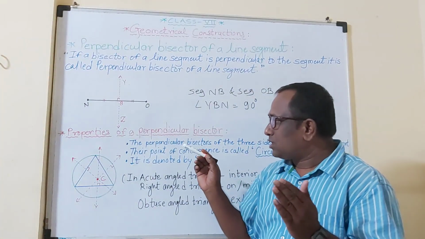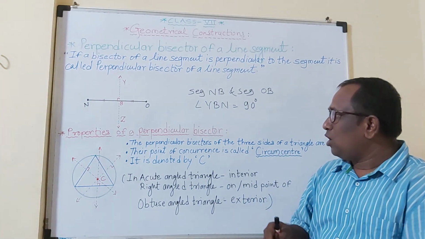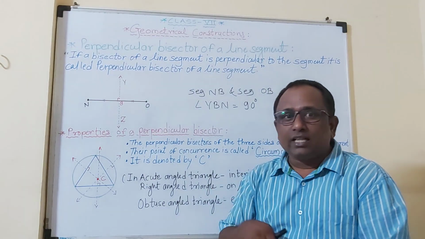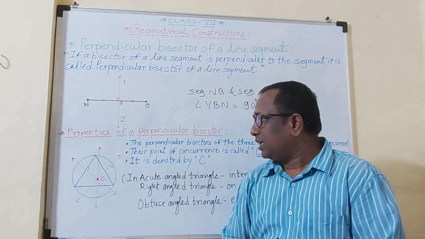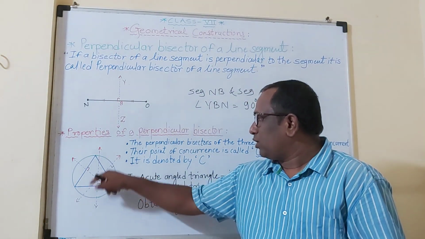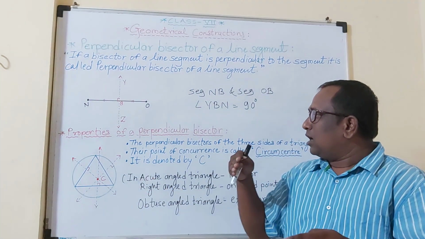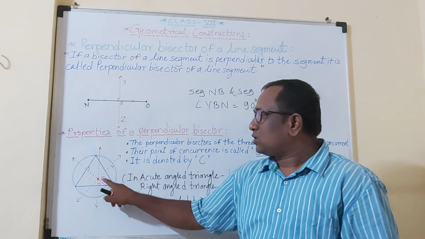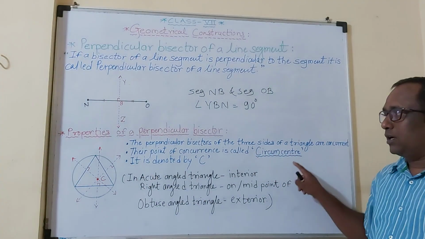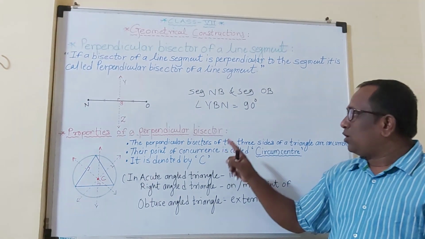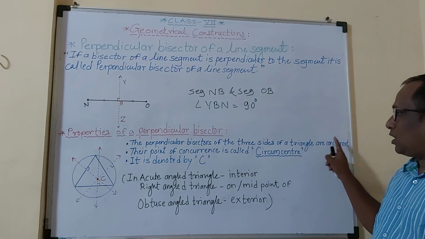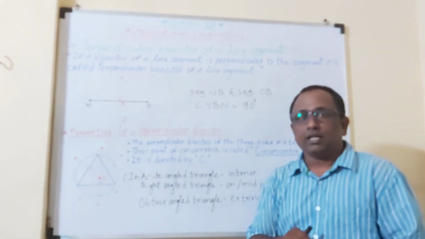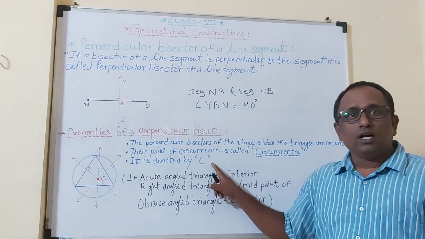If you see carefully, the point of intersection, or we can say the point of concurrence, is inside the triangle. This is an acute angle triangle, so that's why the point of concurrence is inside the triangle, and it is called circumcenter. The point of concurrence is called circumcenter, and it is denoted by capital letter C.